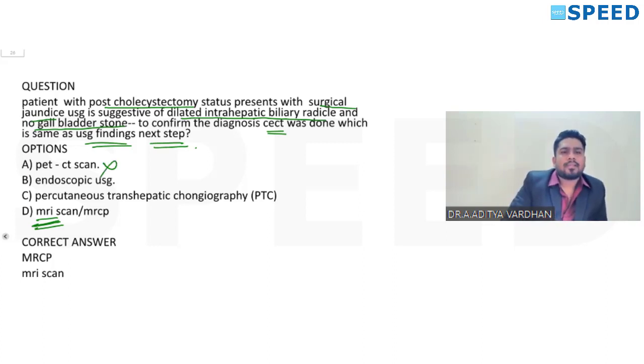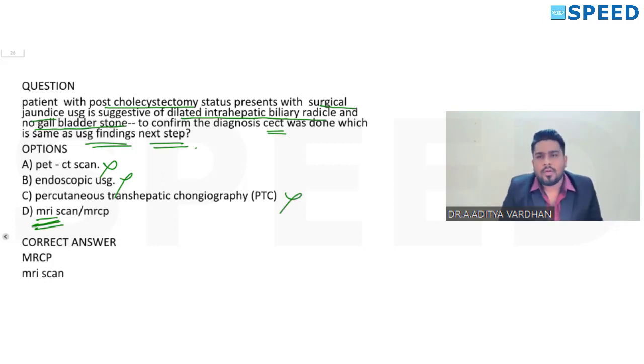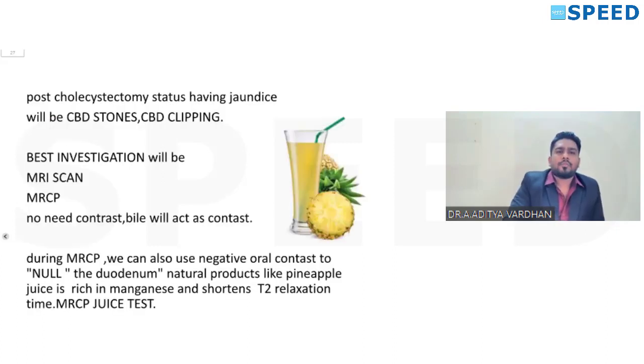Hence, we are removing PET-CT, endoscopic ultrasound, and percutaneous transhepatic cholangiography from here. So as I told you, post-cholecystectomy status with jaundice will be common bile duct stones or common bile duct clipping. A very interesting question I am going to discuss with you.